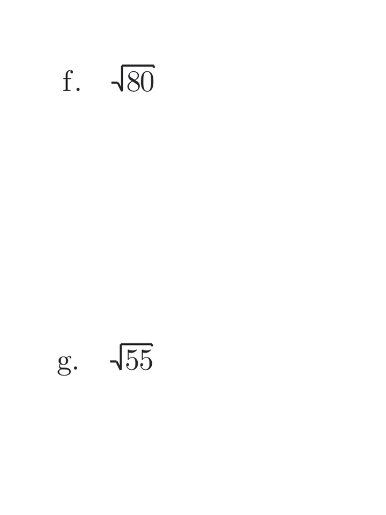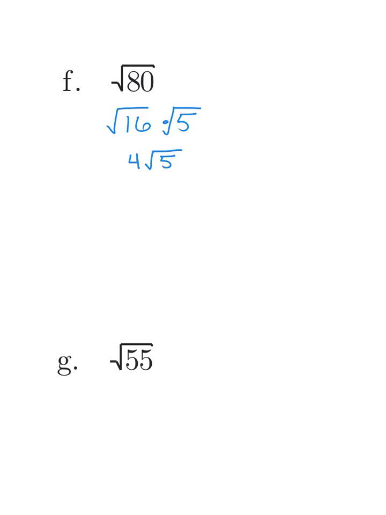The largest square that divides into 80 is 16. 80 is equal to 16 times 5. I'm going to take the square root of both of these. Square root of 16 is 4. And we leave our 5 inside the square root.